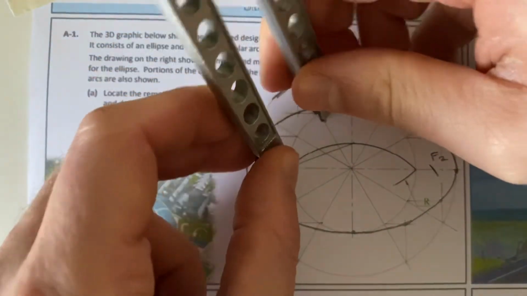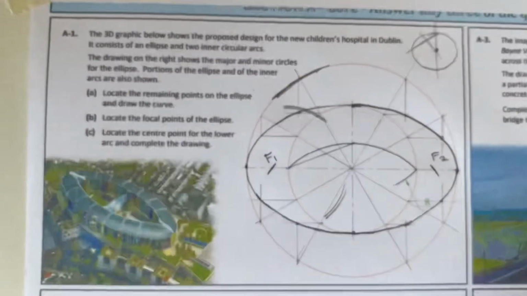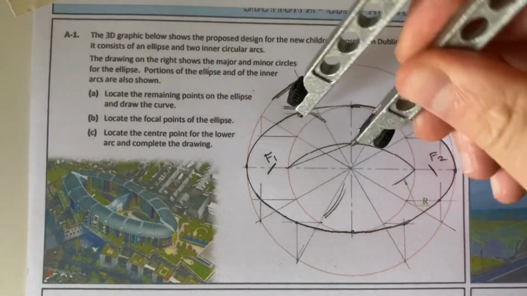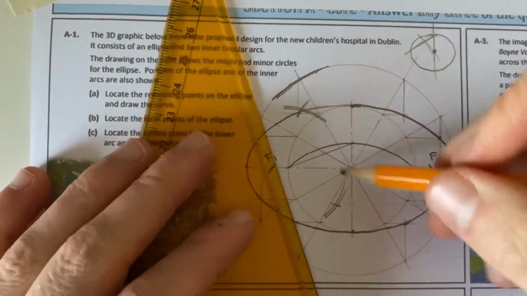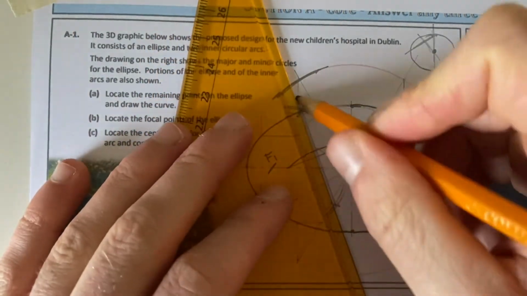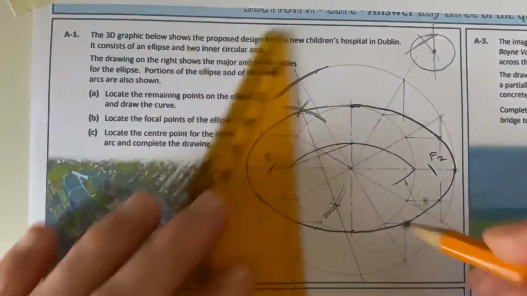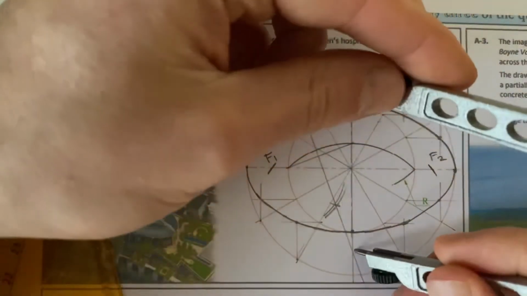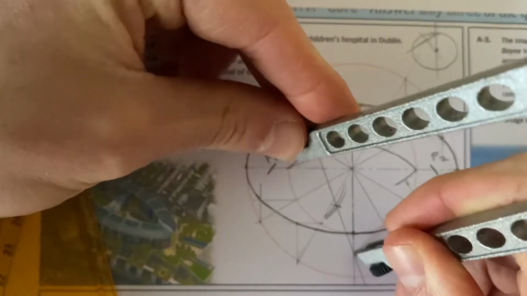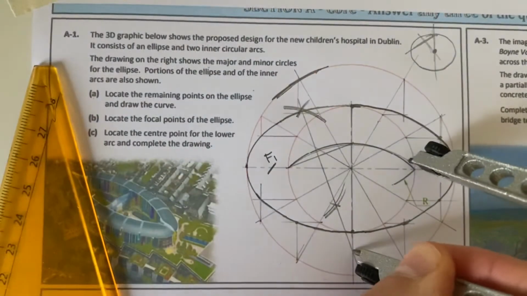So take a distance greater than halfway, swing an arc above and below both sides, just like that there. And then very simply connect them together, and then if I extend it on, that'll give me the radius of that arc there, which is already drawn.